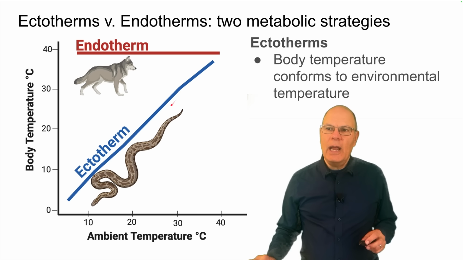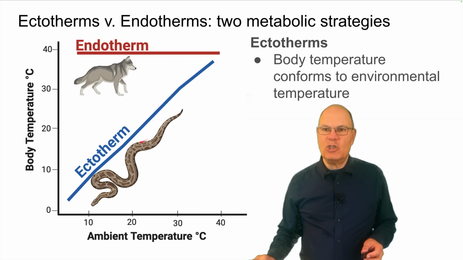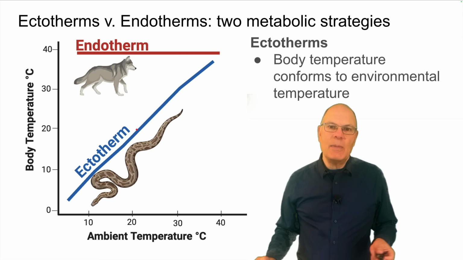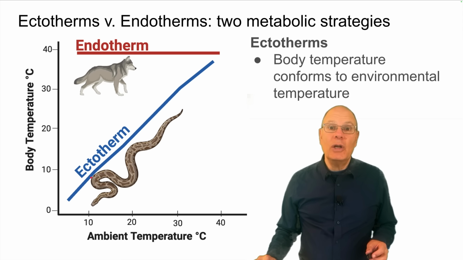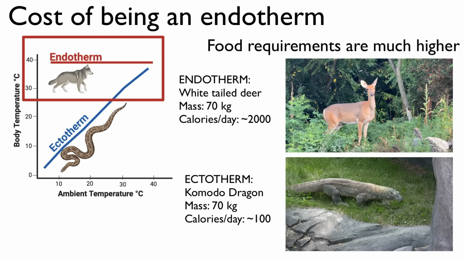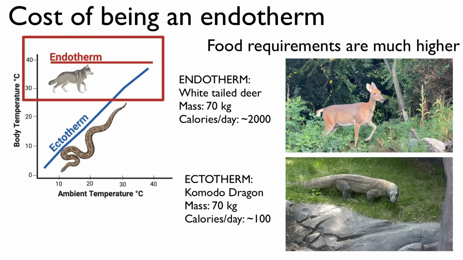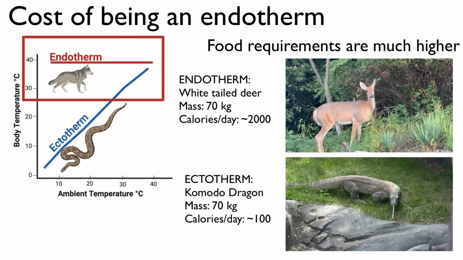Ectotherms are different. Their body temperature conforms to the environmental temperature. So when it's 20 degrees out, the snake's body temperature will be about 20 degrees. That's true as it gets colder, and that's true as it gets warmer. Being an endotherm has a cost, and that cost is that endotherms require much more food than ectotherms of similar weight.